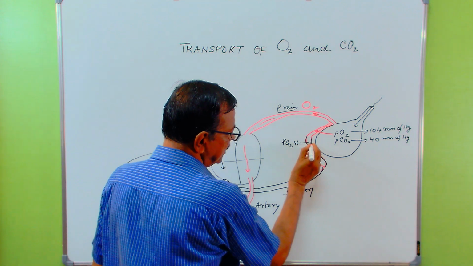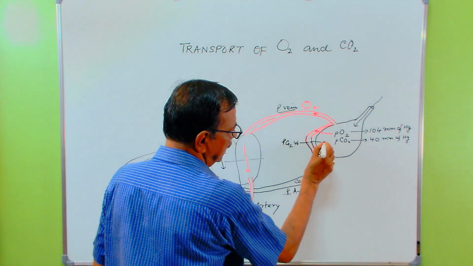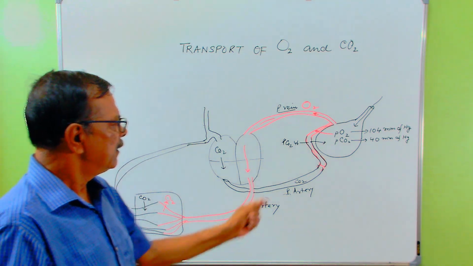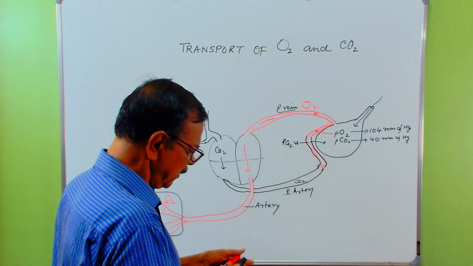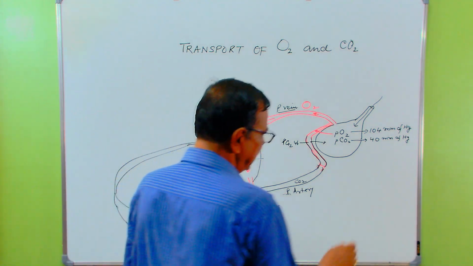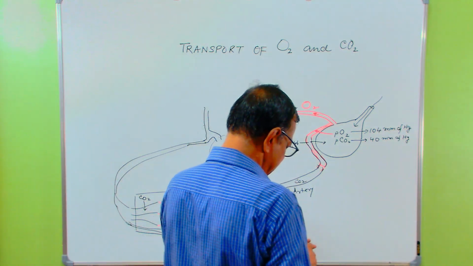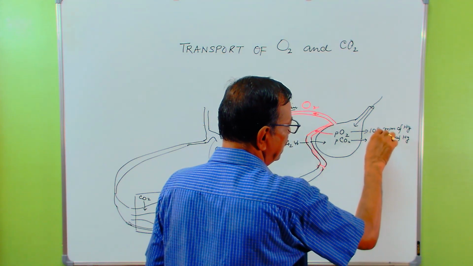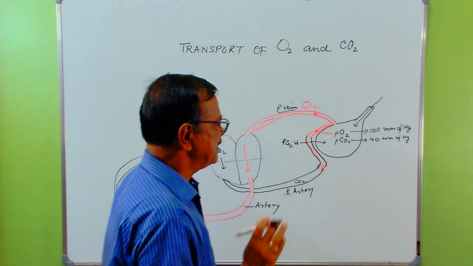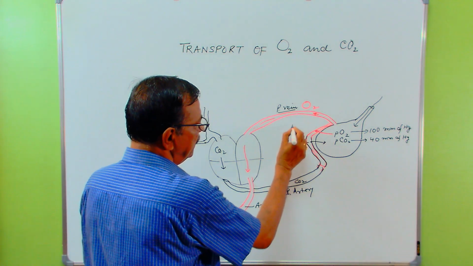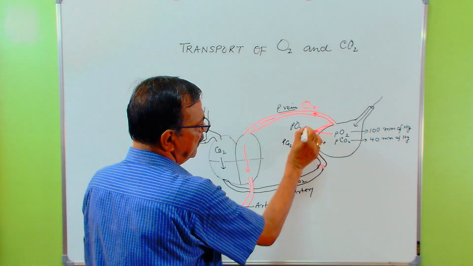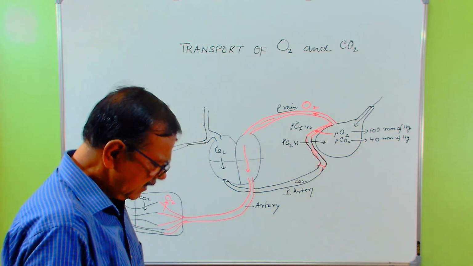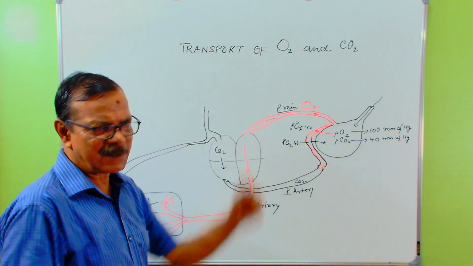So from higher concentration to lower concentration, it passes. This much we know. So this is 40 and this is 104. It becomes 100 later on. How will it come? Sometimes afterwards. And here PO2 is 40. Partial pressure.